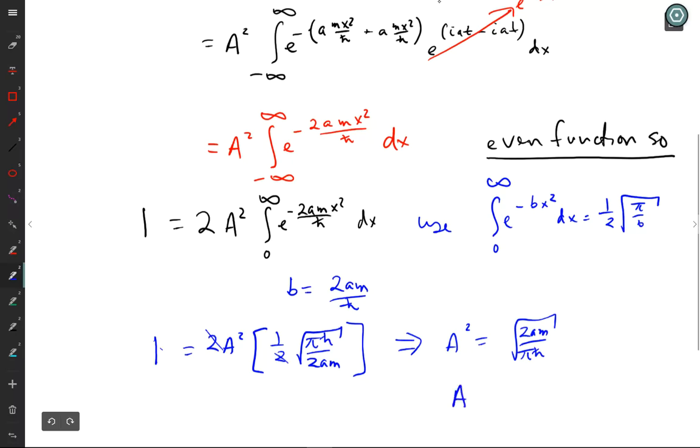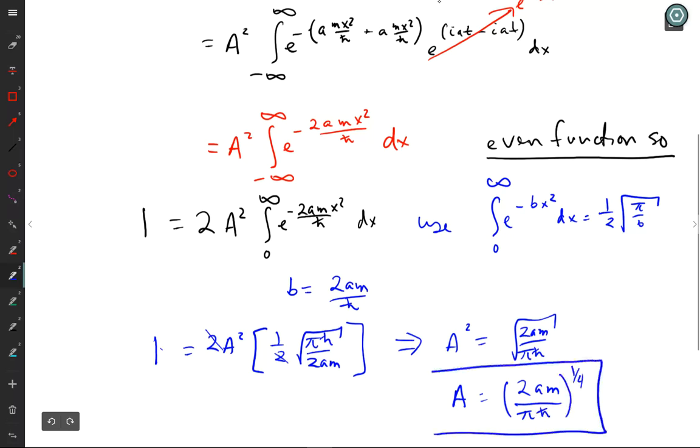And so A, what's the value for A? Just 2am over pi h bar. Oh, square root instead of the 1/4. Fourth root, yeah, right. 2am over pi h bar to the 1/4 power.